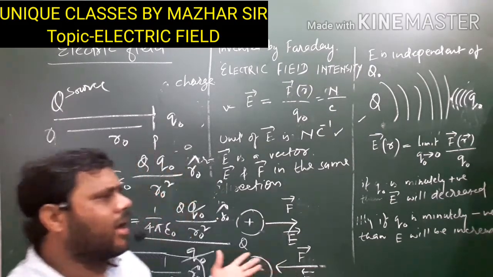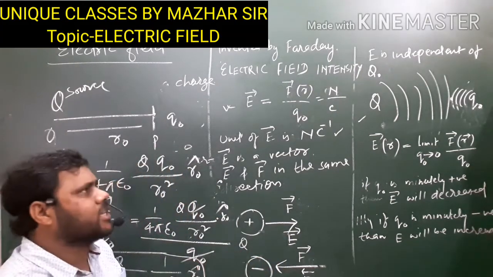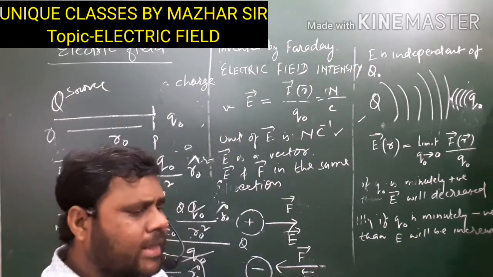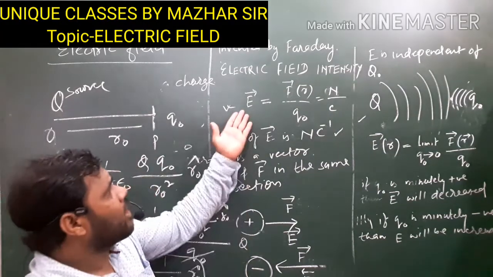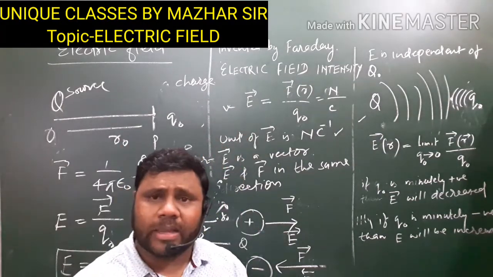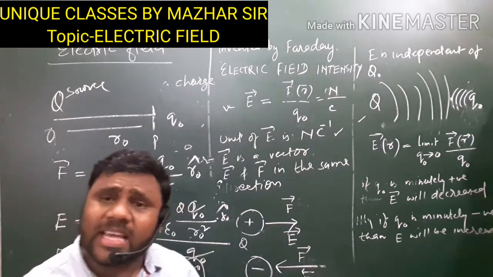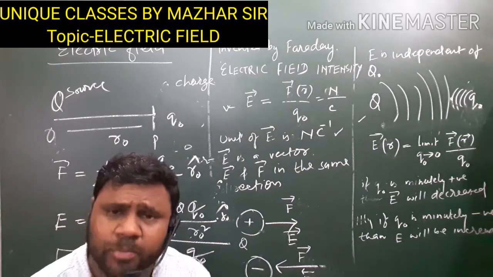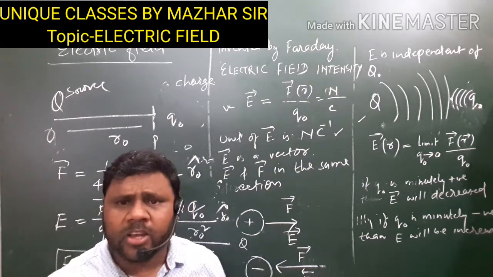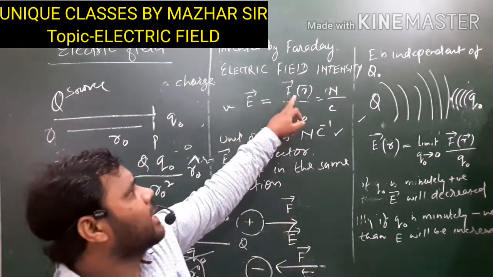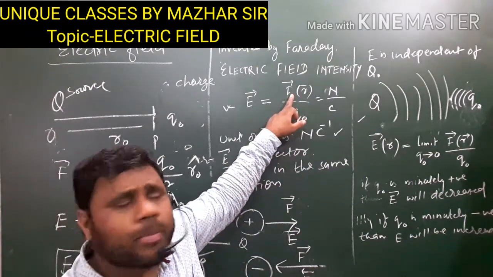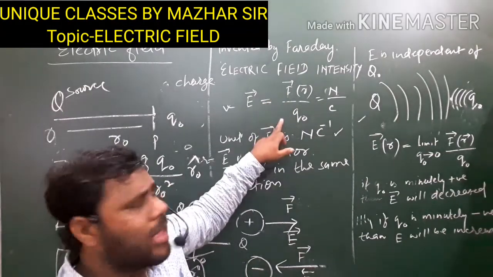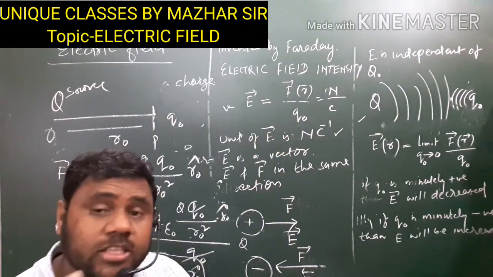Similarly, as I discussed in the lecture, the force experienced by a charged particle, and how much force is experienced by a charged particle, is the electric field intensity. Suppose 10 Newton force is experienced by 5 Coulomb charge, then 10 upon 5 will be our electric field intensity due to a charge.